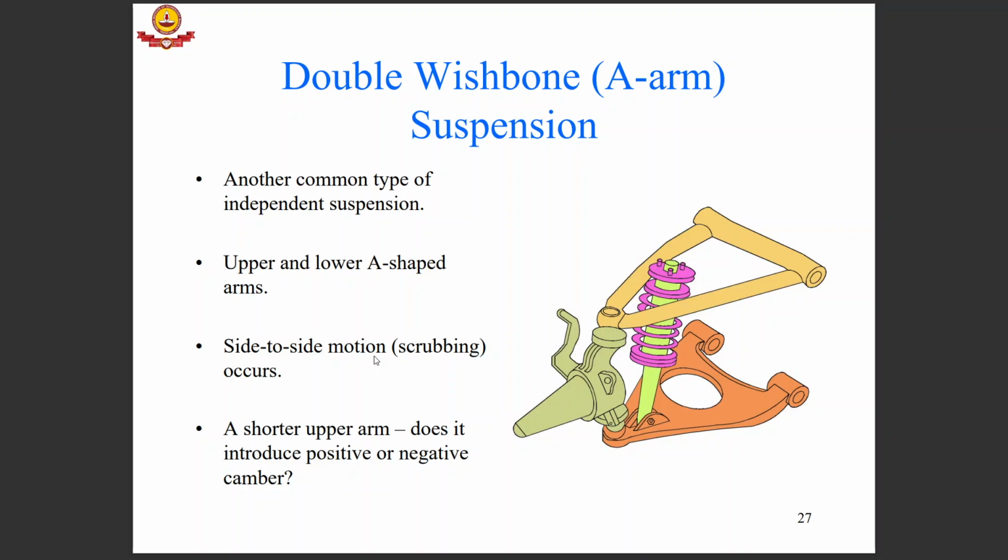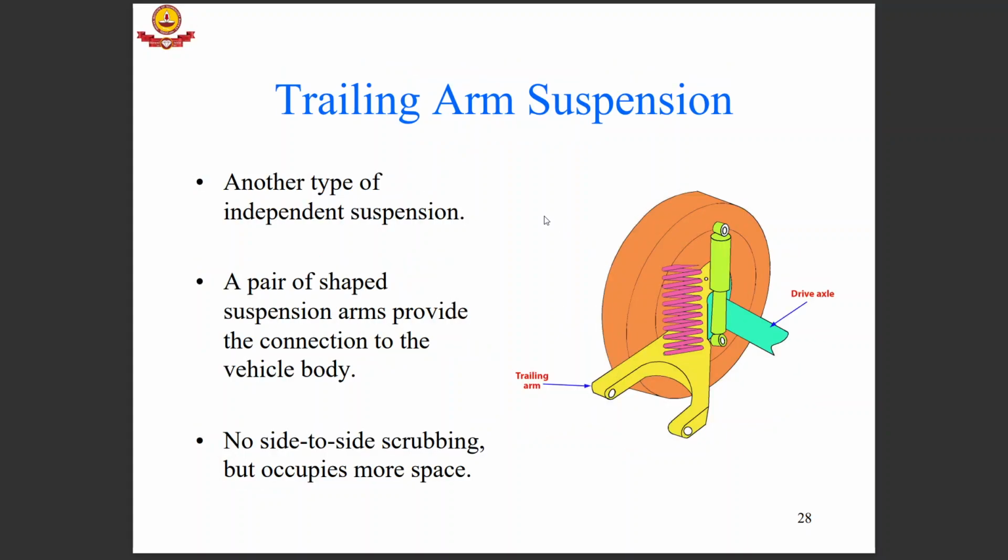So yeah, there is a question: a shorter upper arm, does it introduce positive or negative camber? If the upper arm is shorter, that means it will introduce negative camber, right?